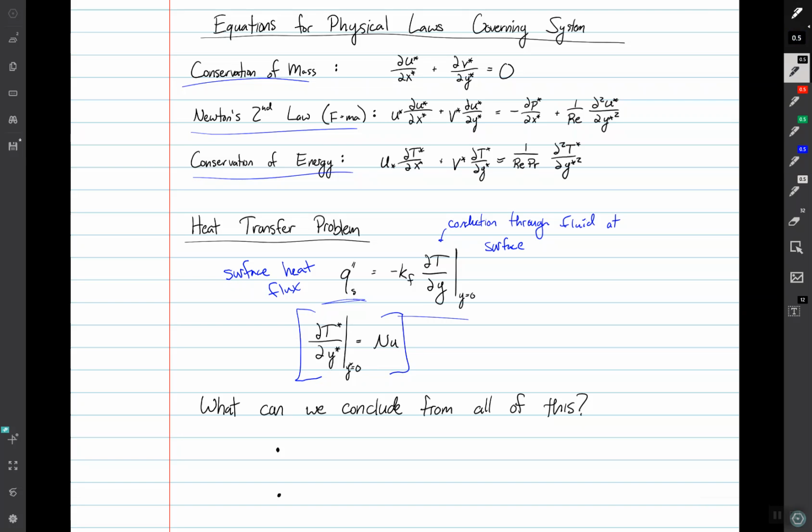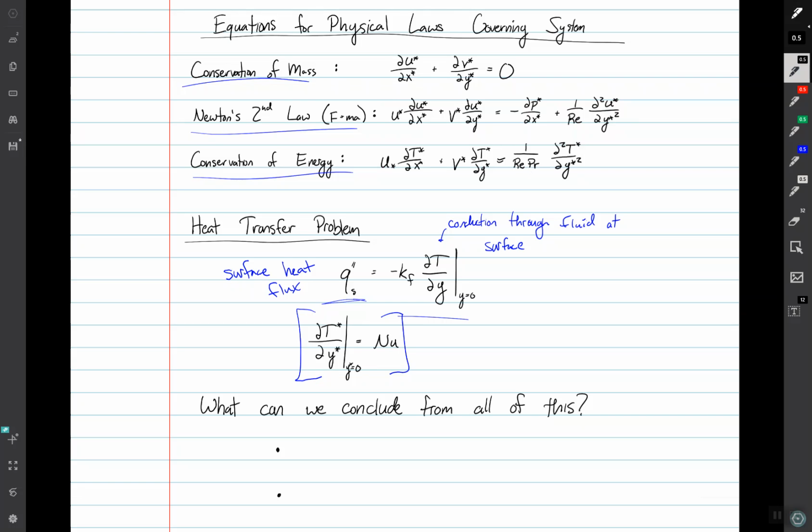But if we went and looked, we could see this top equation just depends on these dimensionless variables, u star, x star, v star, y star. This second equation, Newton's second law, the only constant in it is the Reynolds number. Conservation of energy has only two constants in it. It has the Reynolds number and the Prandtl number. And then the heat transfer problem down here has only the Nusselt number.